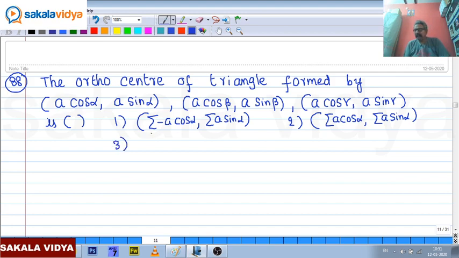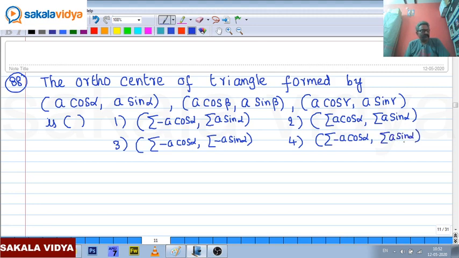Third option, sigma minus a cos alpha, sigma minus a sin alpha. Fourth option, sigma minus a cos alpha, comma sigma a sin alpha. This is the question.